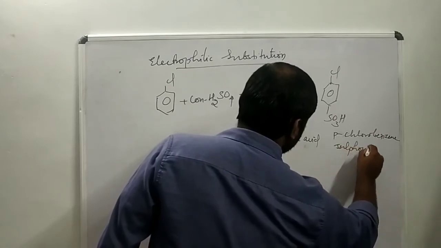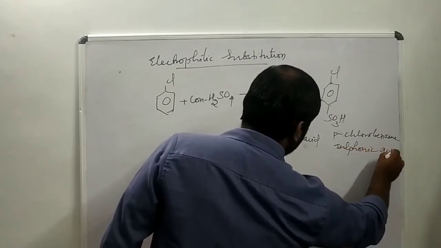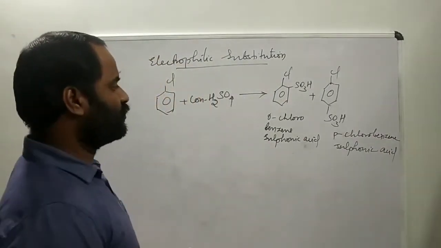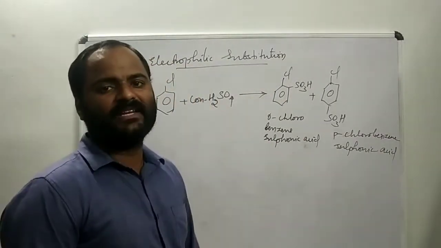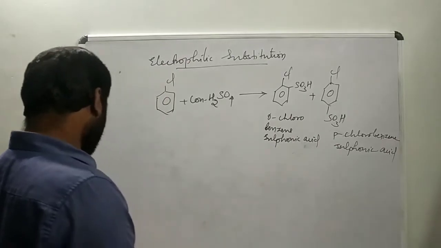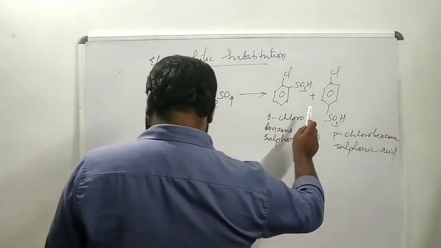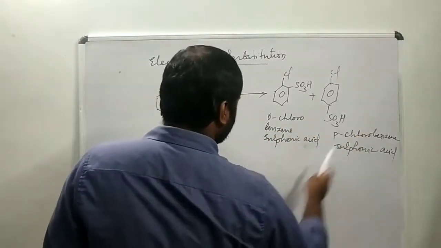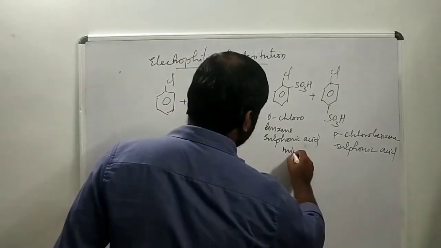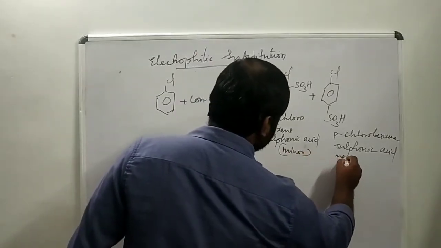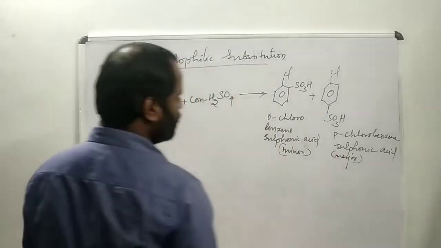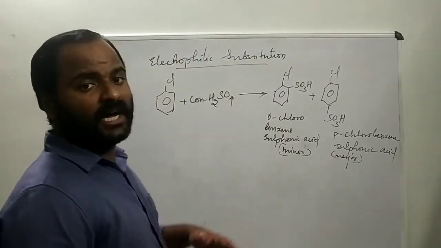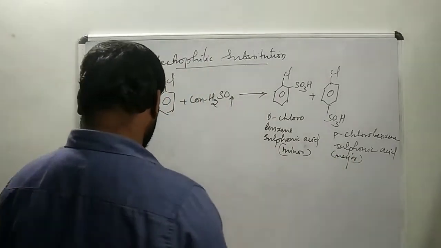You are getting orthochlorobenzene sulfonic acid as well as para-chlorobenzene sulfonic acid. The ortho product is minor and the para product is major.